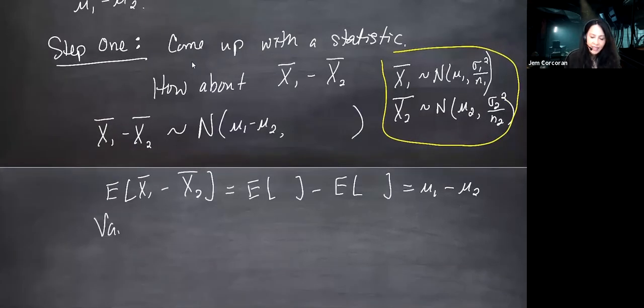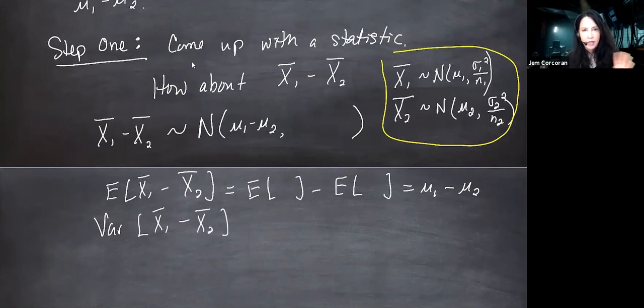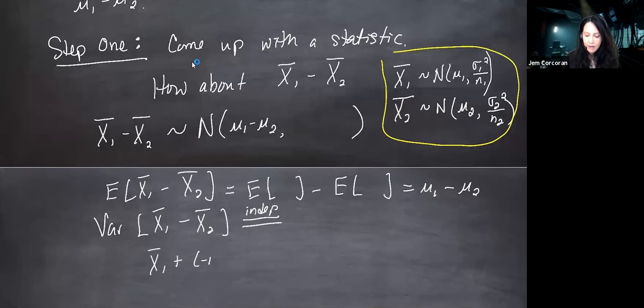And the variance of x1 bar minus x2 bar, because they're independent, we get to break this up into two pieces. We get to distribute the variance. And the negative goes away because you can think of it as x1 bar plus -1 times x2 bar, distribute the variance across and then pull out that -1, but it will come out squared.